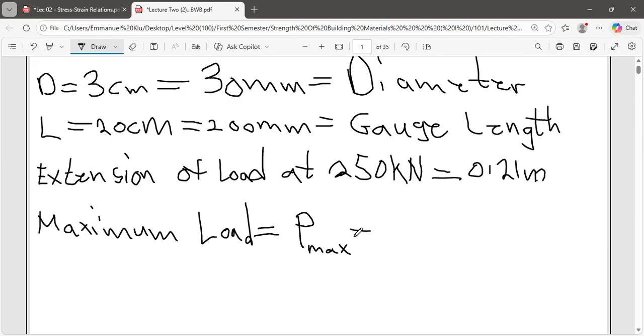So our maximum load is equal to 380 kilonewton, and you know what the kilo means.